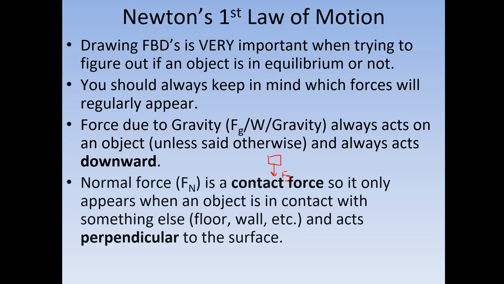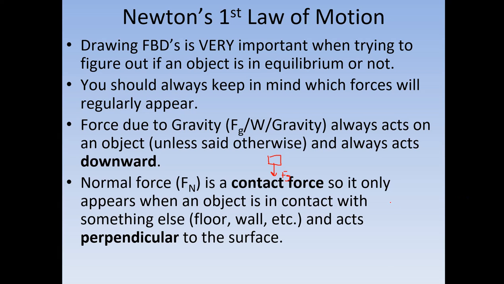The normal force, which is represented by Fn, is a force that comes up when you are in contact with another object. This could be anything like a floor, a wall, anything like that. It always acts perpendicular to the surface.